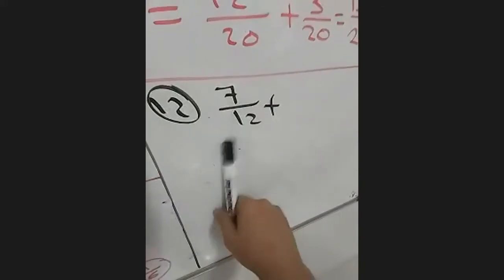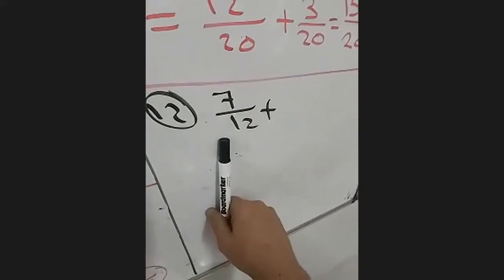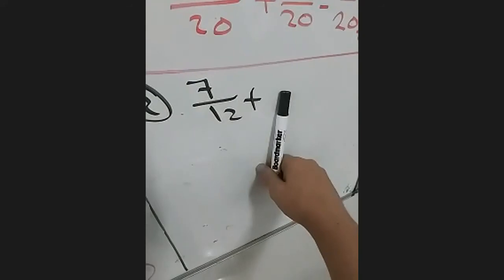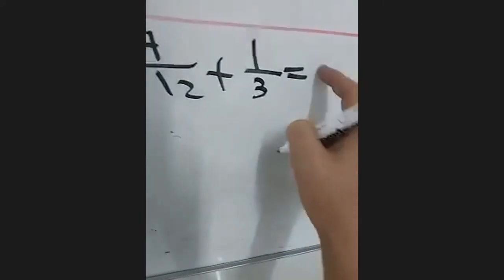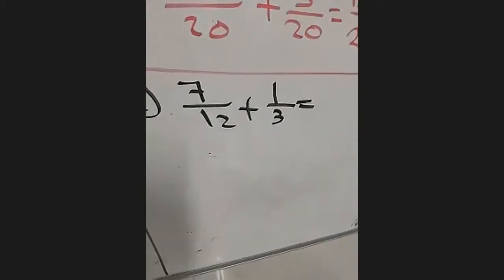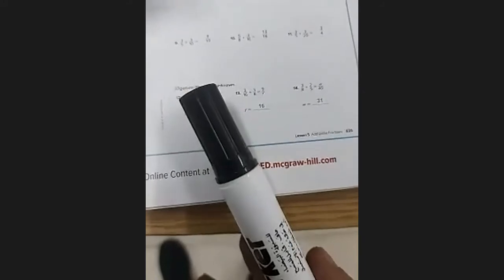Read 7 over 12 plus what? Plus 1 over 3. 1 over 3 equals what? Equals x.